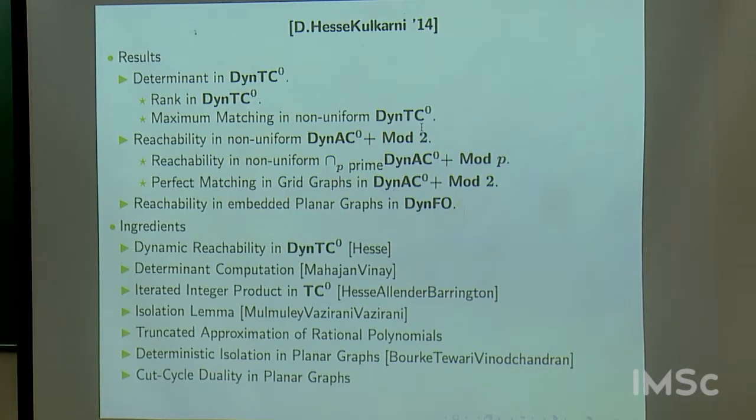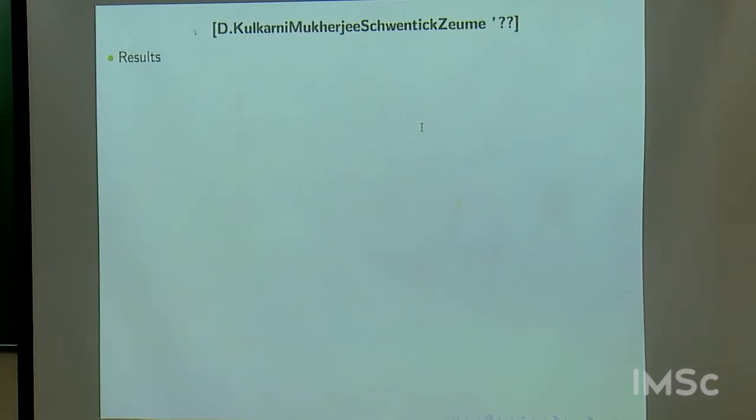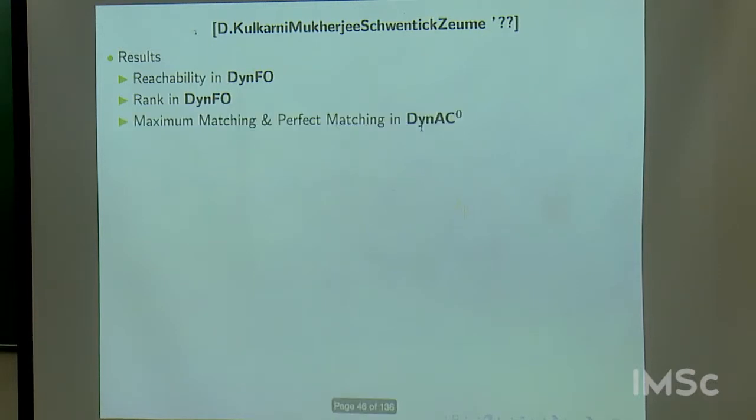But before that, I will present the results of the other paper also, which are that reachability is in dynamic first order, that is the main theorem. This is via rank of a matrix being in dynamic first order, and some of the other results are maximum matching and perfect matching in dynamic AC0.